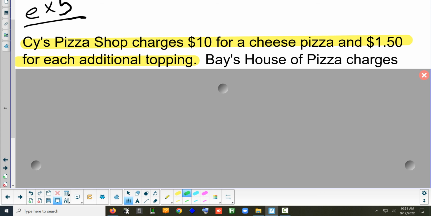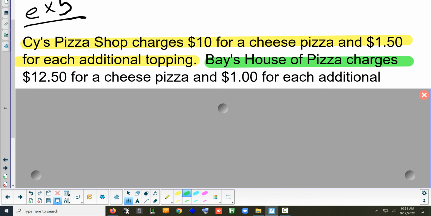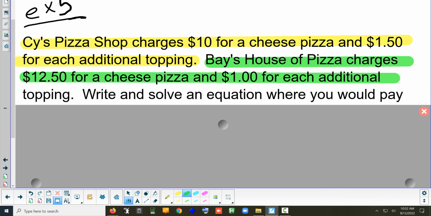So the second one says, Bay's House Pizza. Let's see, what do they charge? They charge $12.50 for a cheese pizza. But they charge $1 for each additional topping.